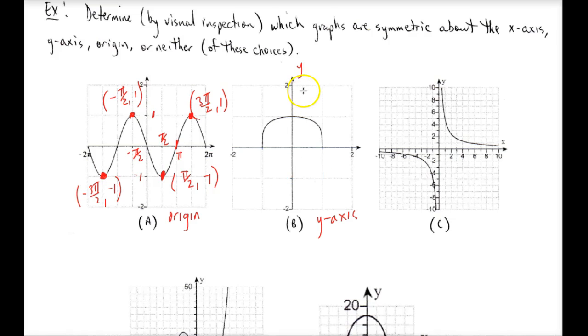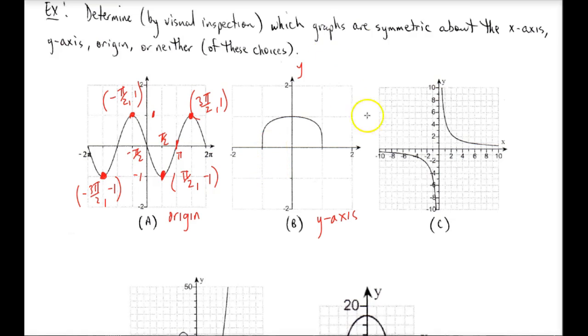And for the origin, for every point, let's say we had right here, we would actually have to have a corresponding one, let's say down here somewhere, and we don't have that. So we know that this is not going to be symmetric about the origin either. So for graph B, this one will just be symmetric about the y-axis.